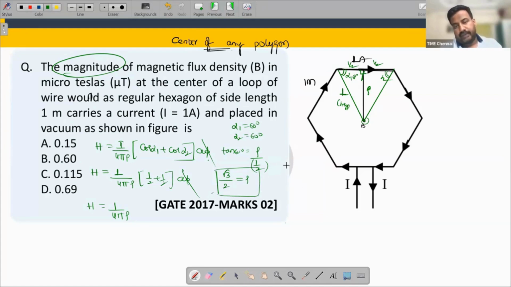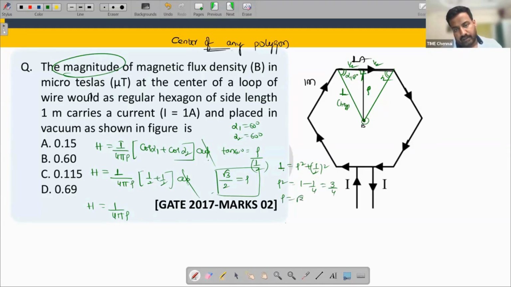Or you can take hypotenuse square, which is 1, is rho square plus 1 by 2 whole square. Rho square is 1 minus 1 by 4, 3 by 4.